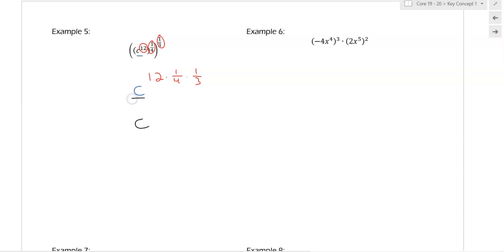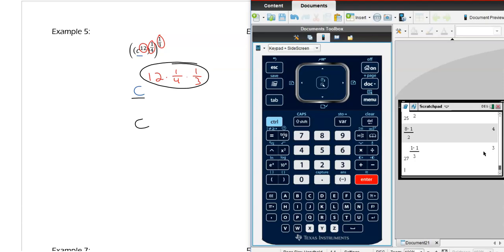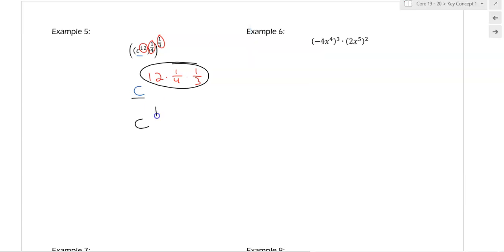Right, so I can't type a variable in my calculator. I'm typing all of these in. So I have 12 times 1/4 times 1/3. And I get 1. Remember, we don't have to type that 1 in, so really our answer is C. Okay, we don't need that exponent of 1 in there.